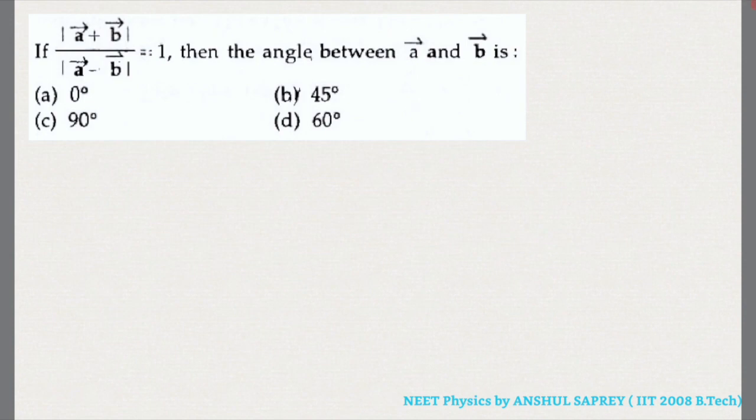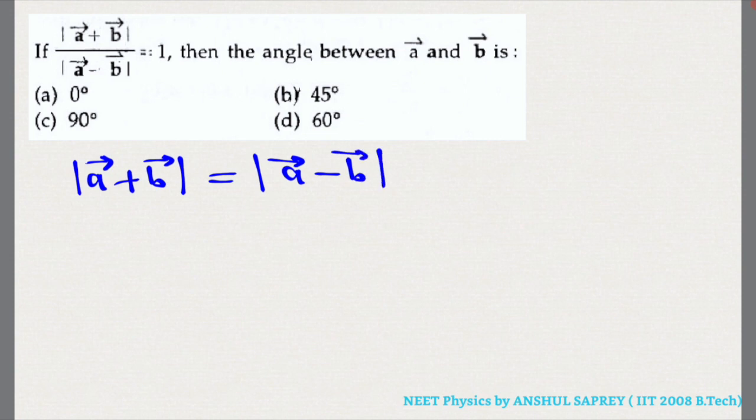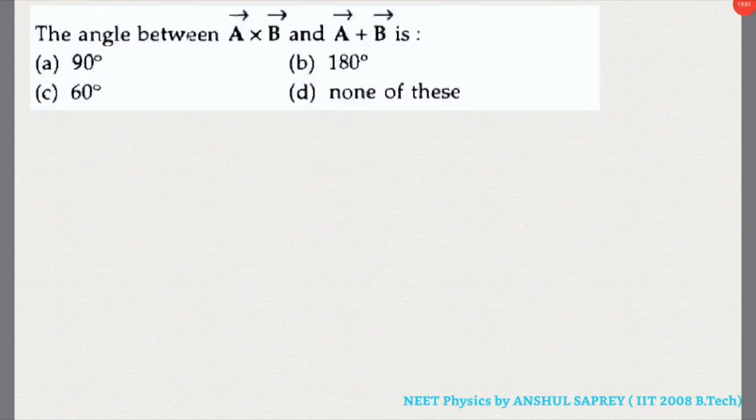Next question is again similar to the one we have solved previously. Magnitude of A vector plus B vector is equal to magnitude of A vector minus B vector. So the angle between the two vectors is 90 degree. Answer is C. Next question. We have to find the angle between A cross B and A plus B vector. Suppose this is A vector and this is B vector.